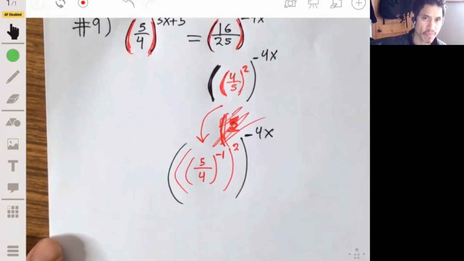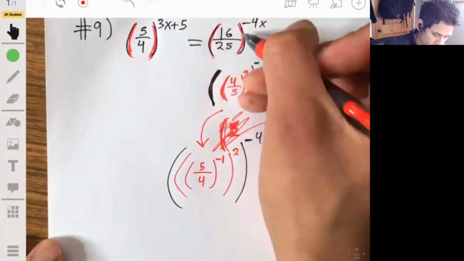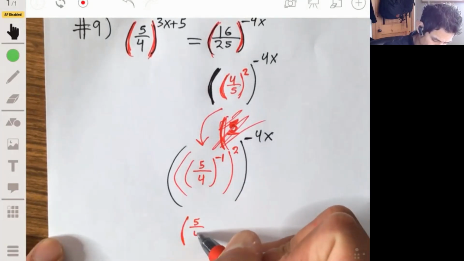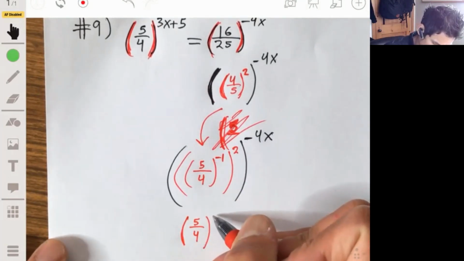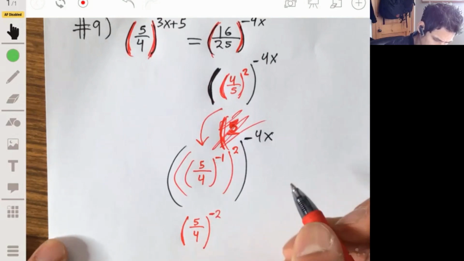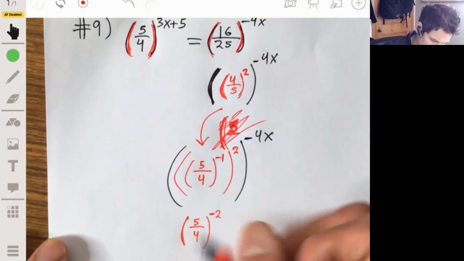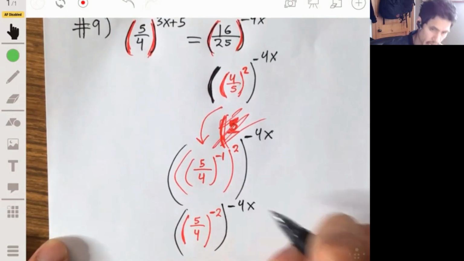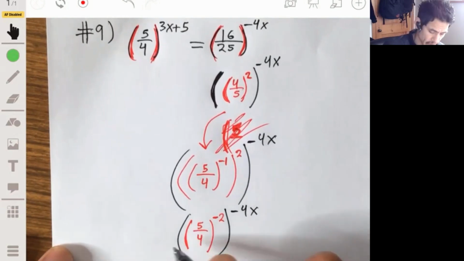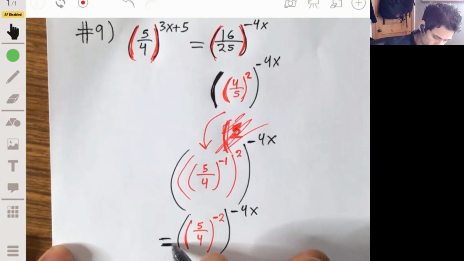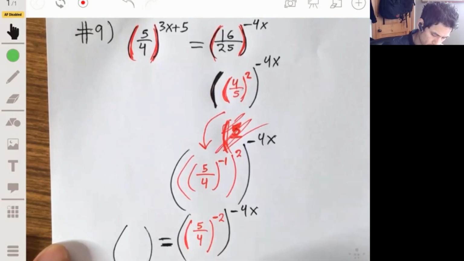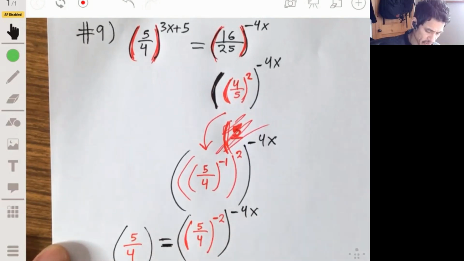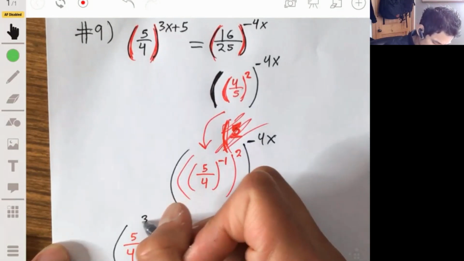So this whole thing ends up just being 5/4 to the negative 2, to the negative 4x. The left side is still just 5/4 to 3x plus 5. So we didn't have to change anything on the left side.